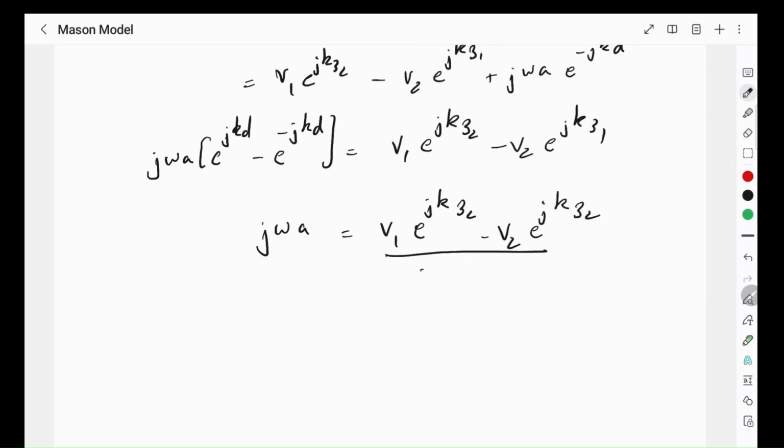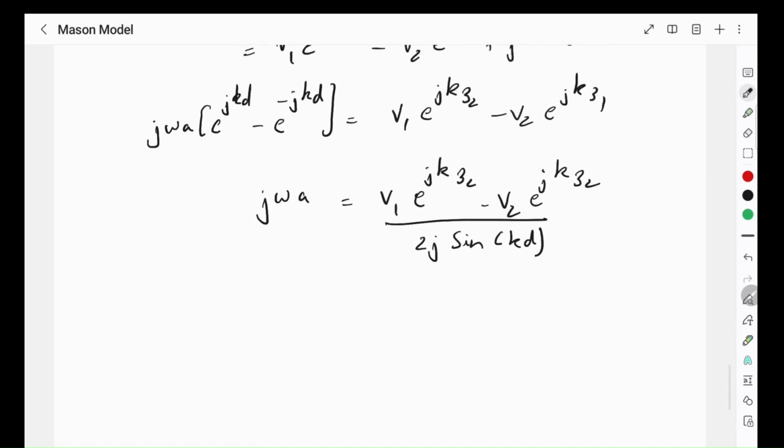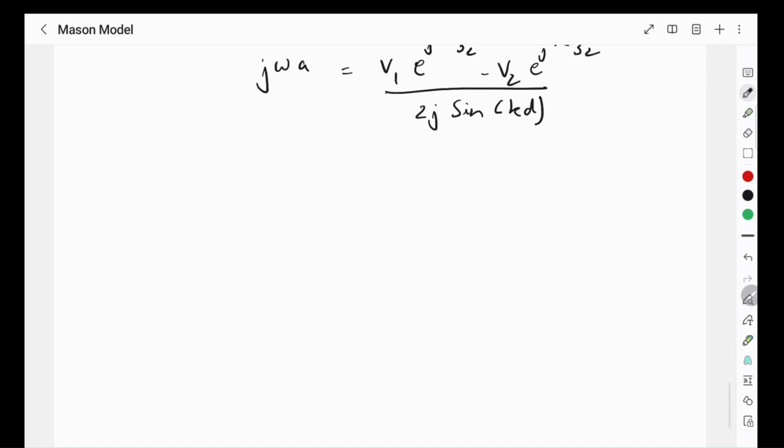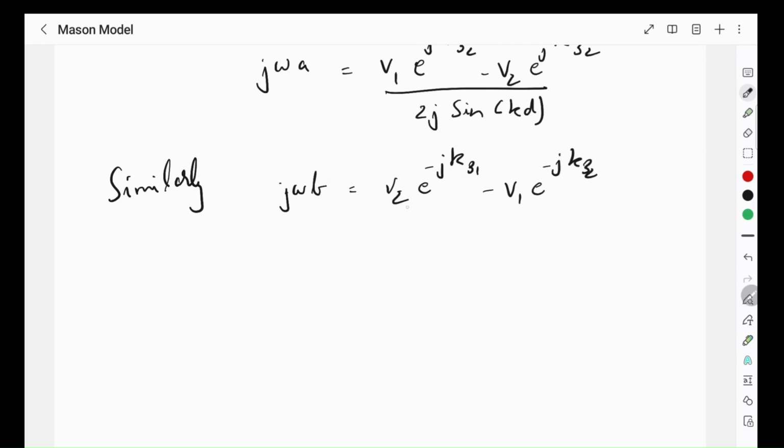Able to express a like this, divided by 2j sine kd. You can bring this here, and that's how you get the sine term. Similarly, you can solve for b: j omega b is equal to v2 e raised to minus j k z1 minus v1 e raised to minus j k z2, divided by 2j sine kd.